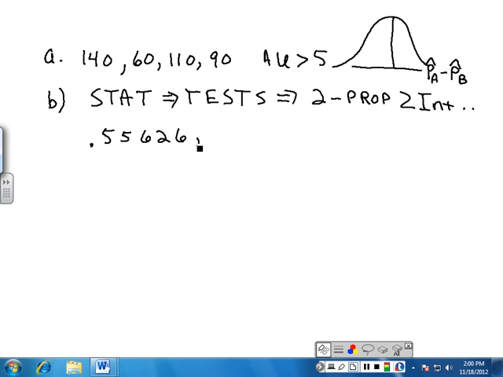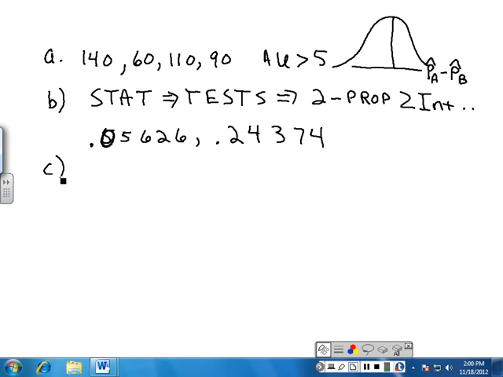That's the lower limit. I think I said that right and wrote it wrong. 0.05626, and then 0.24374. So that would be what you have on your confidence interval.